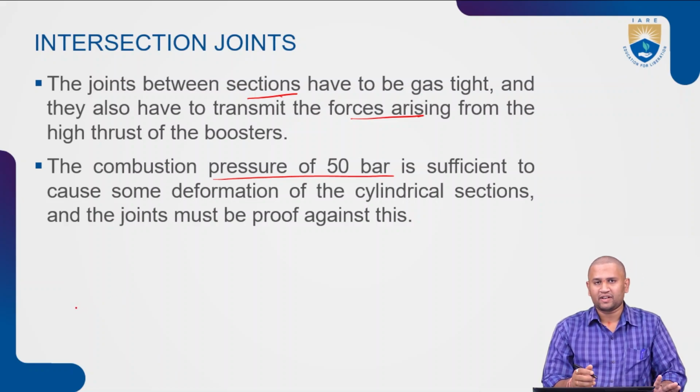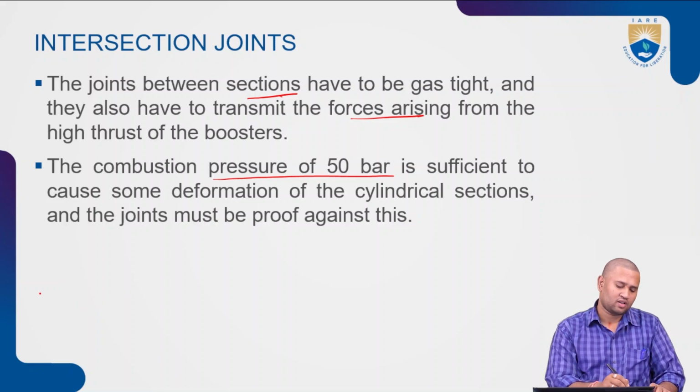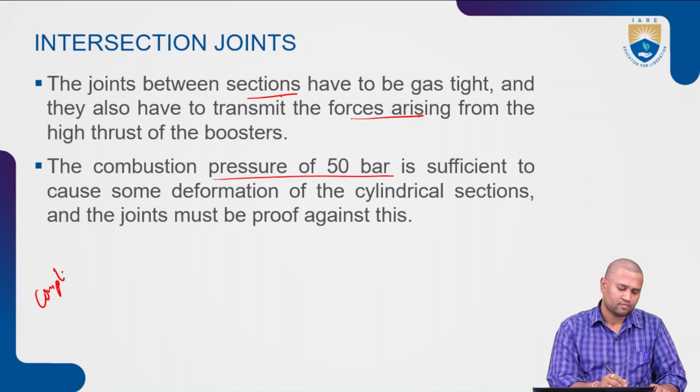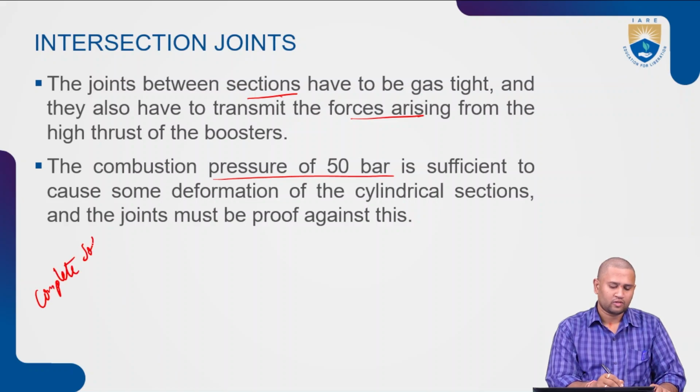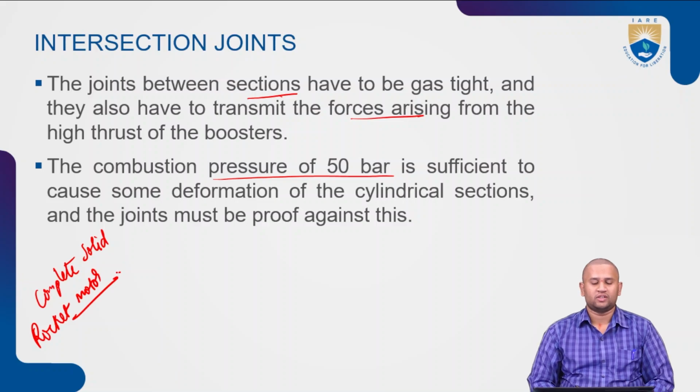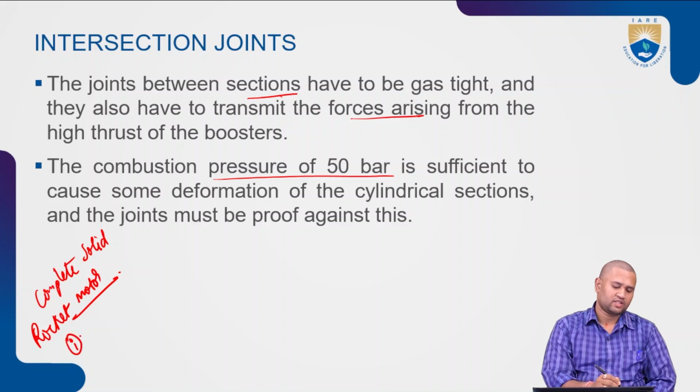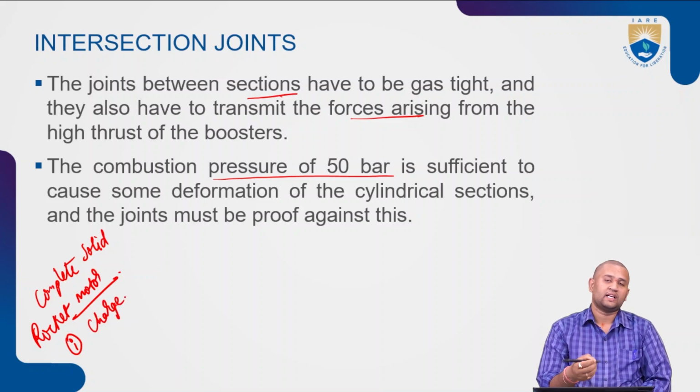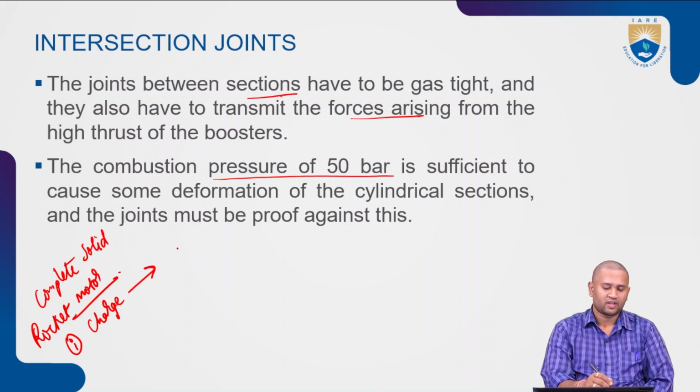There are separate ways to manufacture a complete solid rocket motor. First, we either create a charge, or the propellant in terms of the grain shapes as we discussed in the previous class, and then bond it onto the case.